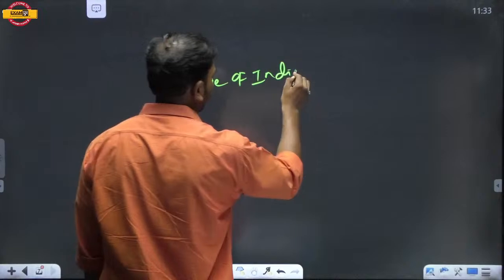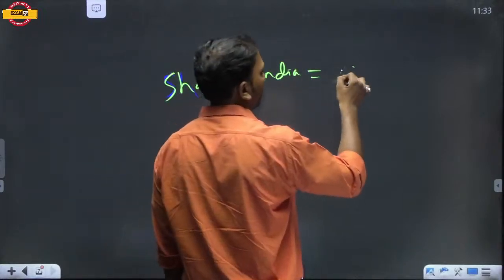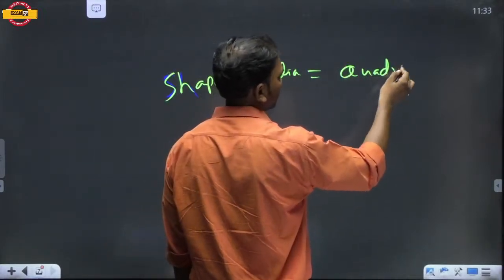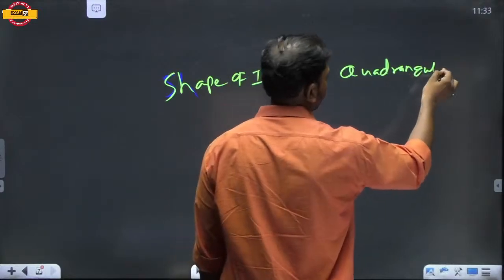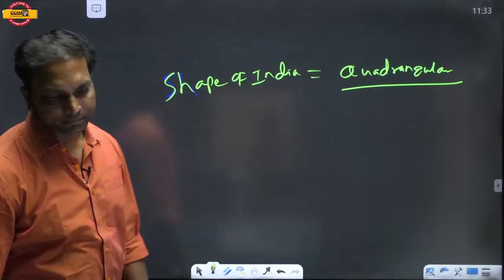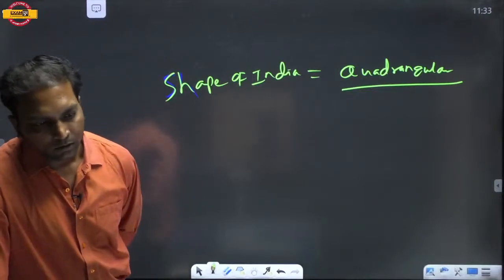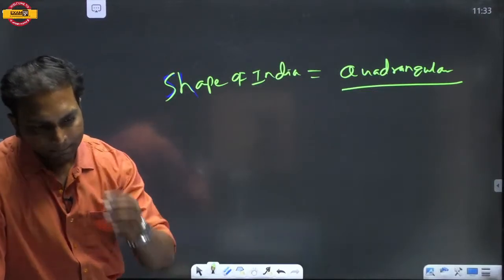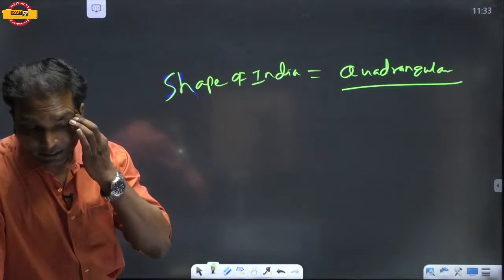So the shape of India is quadrangular. Shape of India is quadrangular.